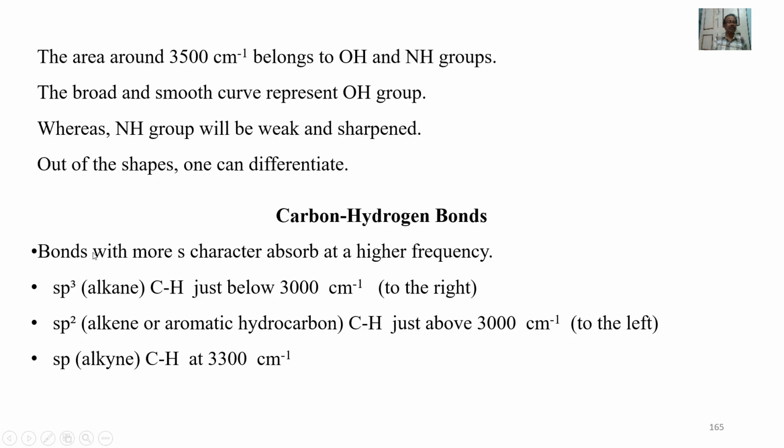Bonds with more s character absorb at a higher frequency. sp3 alkane, CH just below 3000 per centimeter, to the right. sp2 hybridization, alkene or aromatic hydrocarbon, CH just above 3000 per centimeter, that is to the left. sp alkyne, this is CH at 3300 per centimeter.